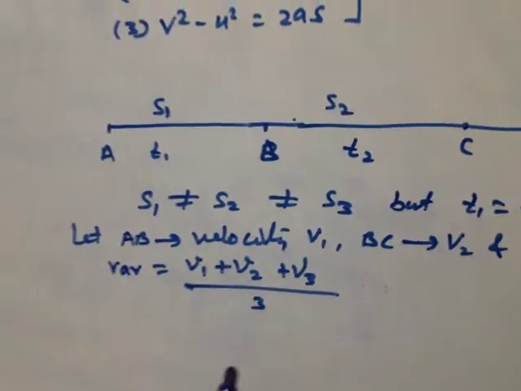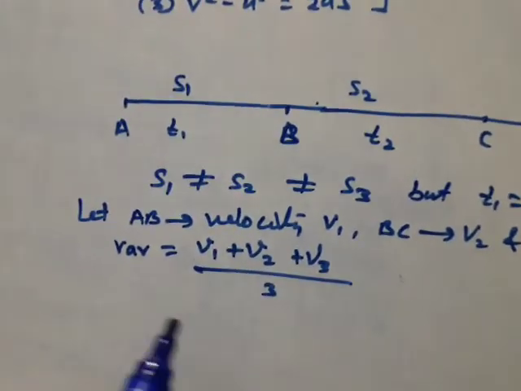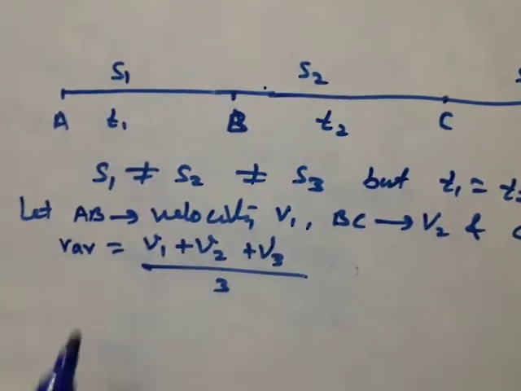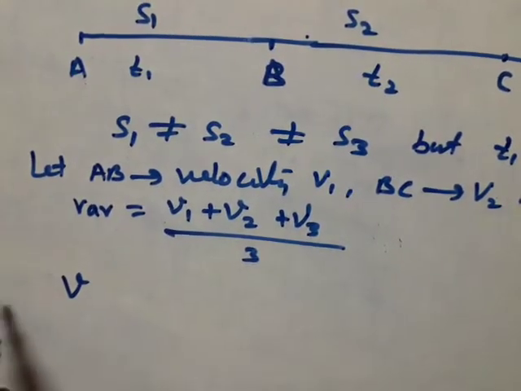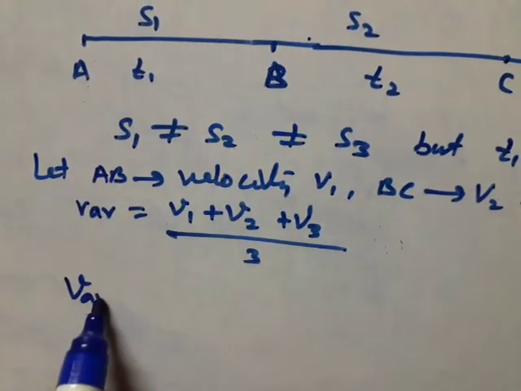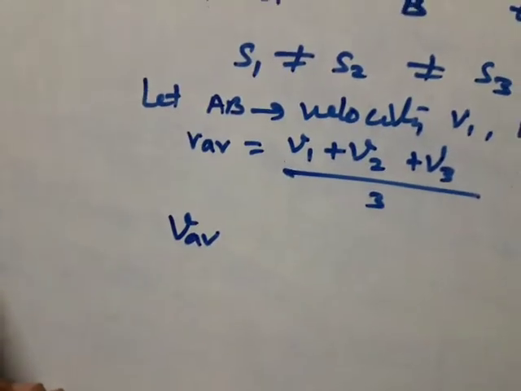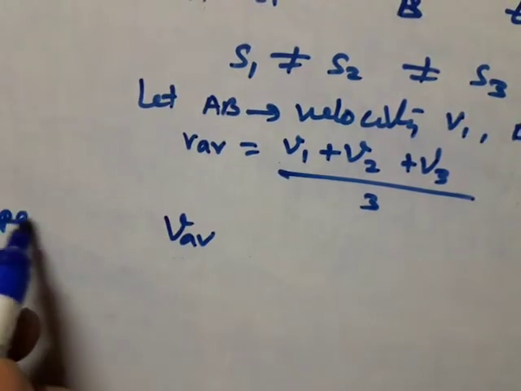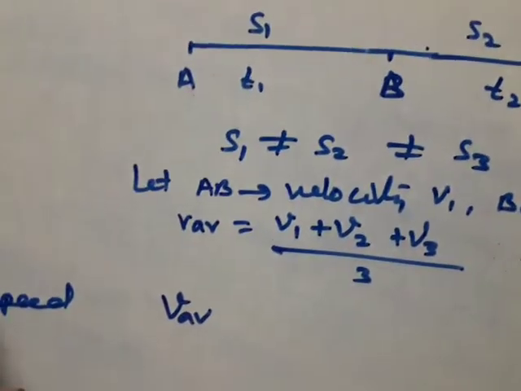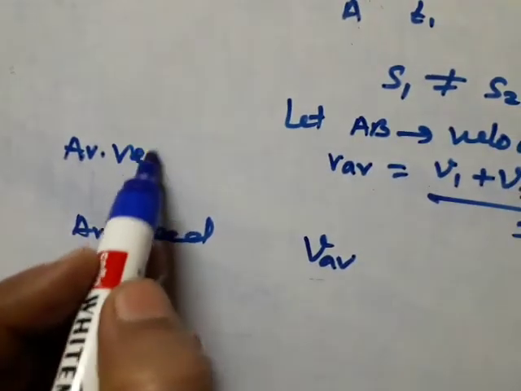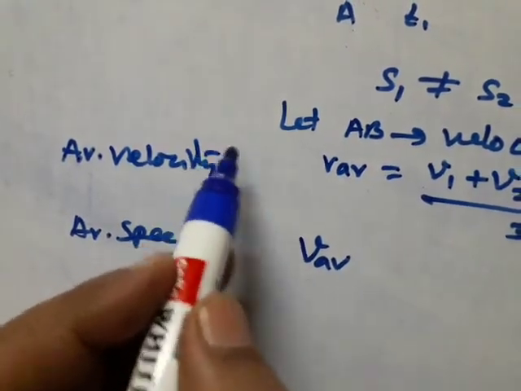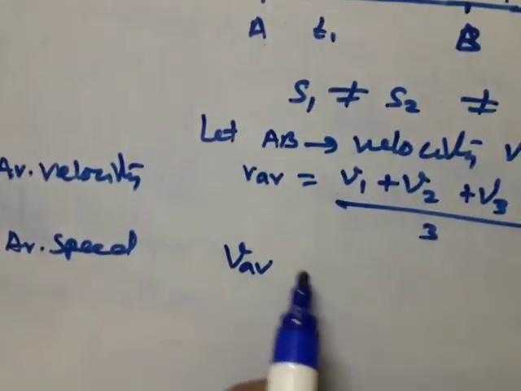Okay, but in case of average speed, VAB is equal to S1 plus S2 plus S3 by the total time taken, T1 plus T2 plus T3, right? This is average velocity, and this is average speed.